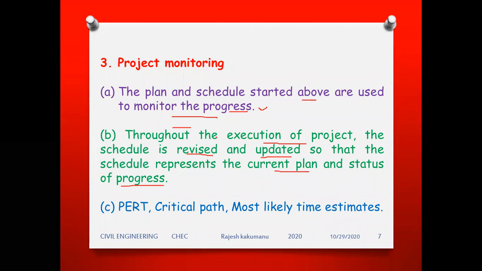Okay? So while executing the project, the schedule is revised and updated so that the schedule represents the current plan and status of the progress. Once we have made progress on a project, it is shown in the current plan and status. Next, the critical path and most likely time estimates we have to do.